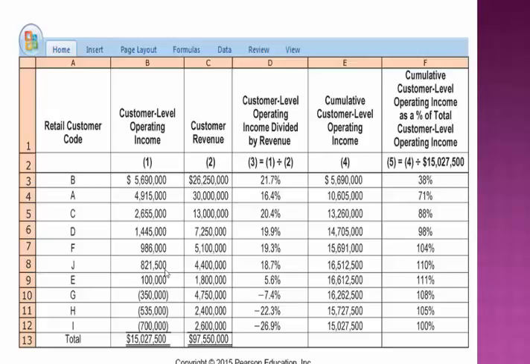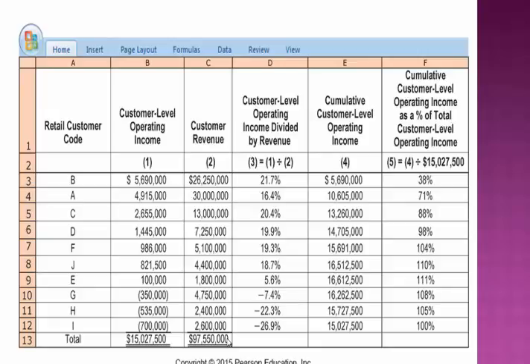But what I want you guys to notice here is that once we get down here into the folks that have a negative operating income, we peaked out and then we started backing up down to 100%. Alright, so these folks right here are the ones that are definitely not working towards our advantage at this juncture. They're not contributing to our operating income.